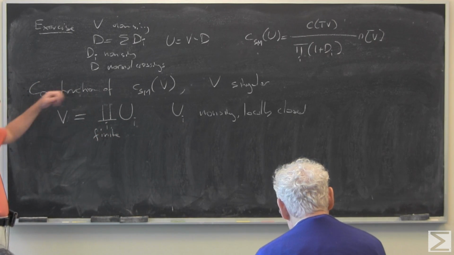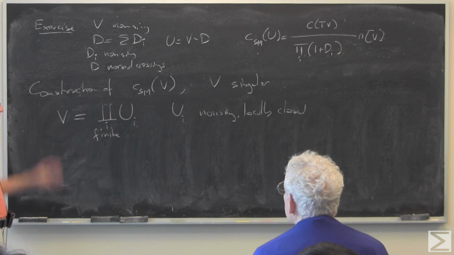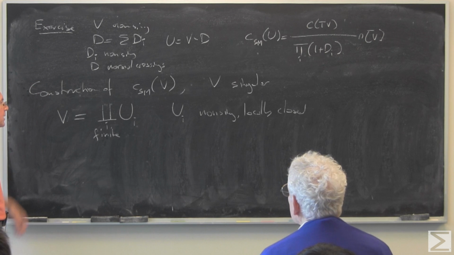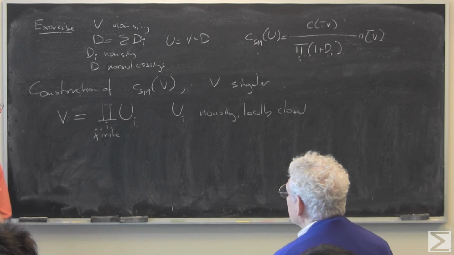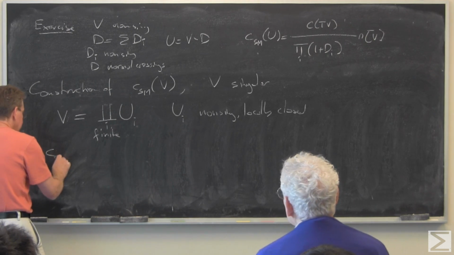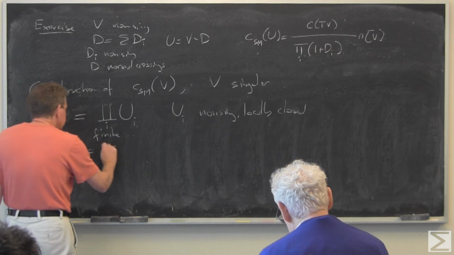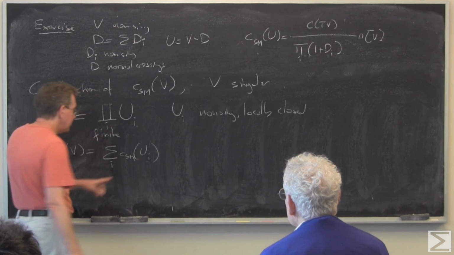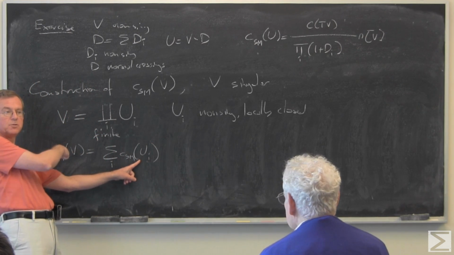If you give me a nice stratification, maybe I can use the strata, but I don't even need to do that. If I want to just throw in a point and take its complement, I can also do that. I can do this in a million ways. But then, by the construction, CSM of V is the sum over i of the CSM of U_i. So I just need to understand what this is, and that gives me a construction of that.